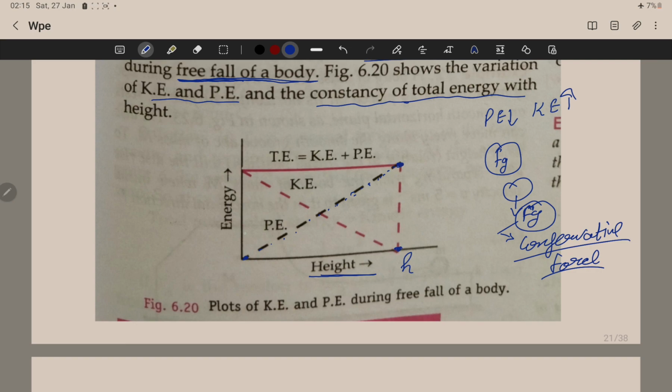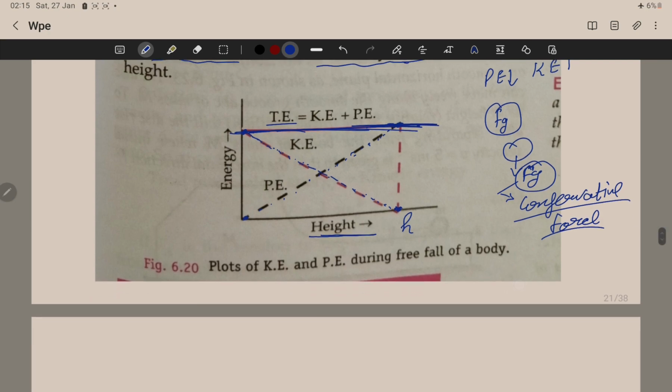At zero height, kinetic energy is maximum at the ground, and as the height increases, the kinetic energy reduces. But if we add potential energy and kinetic energy, their sum remains constant. This sum is the total mechanical energy, so it remains constant. This is the diagram that you can draw.